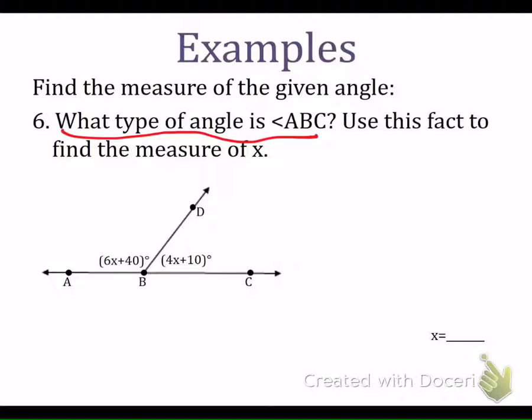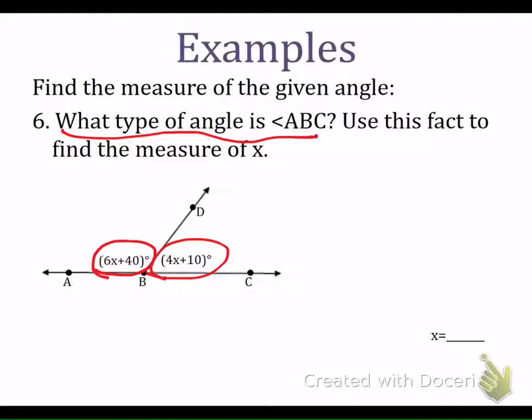Straight angle is actually the only one you can just look at and know. The other ones you have to be given some sort of symbol or some sort of measure. Straight angles, though, those you can just follow your instincts on. That measures what if it's a straight angle? 180. So I know that this guy and this guy put together should equal 180.